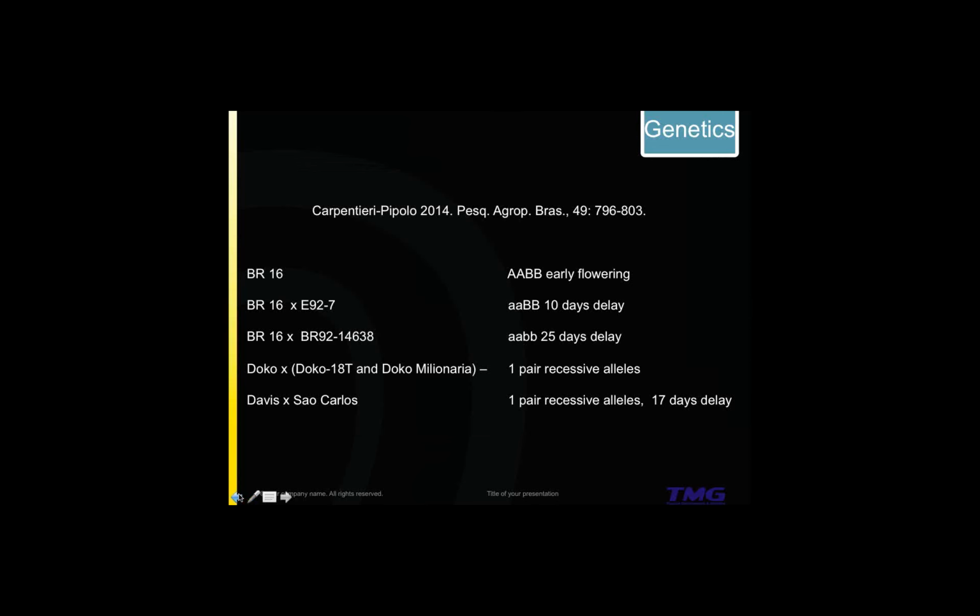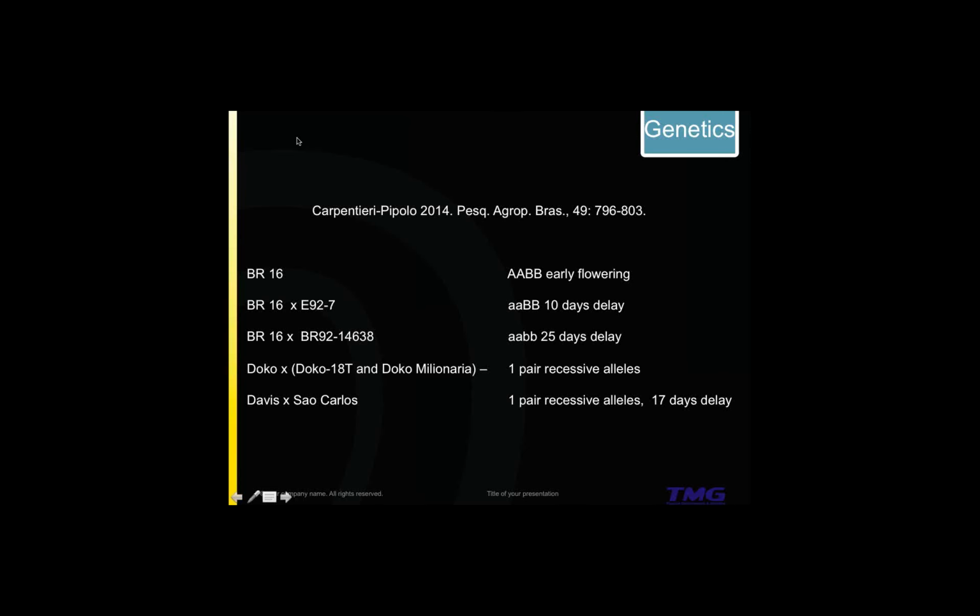If you're recessive at one locus but have a functional allele at the other locus, you see different delays in days of flowering, which is a little confusing because they were the ones who first suggested the 15-to-1 segregation ratio, which would not prove this.